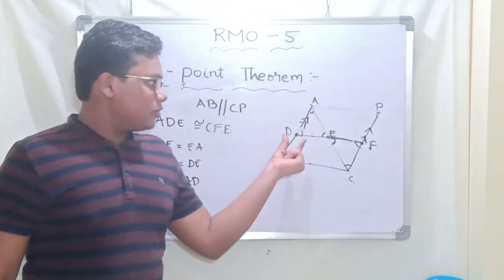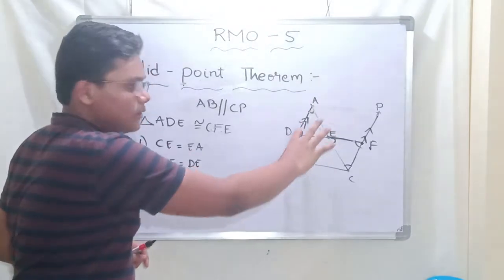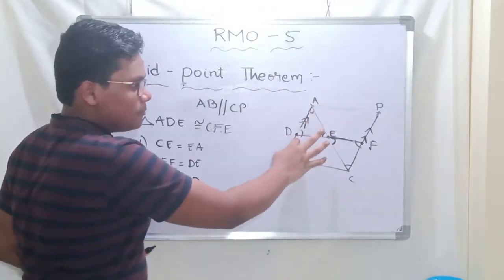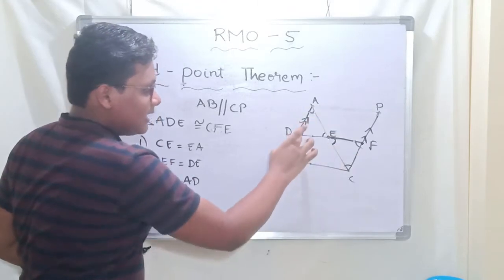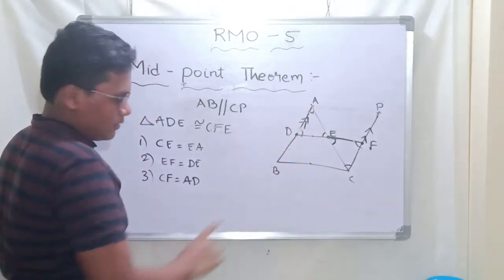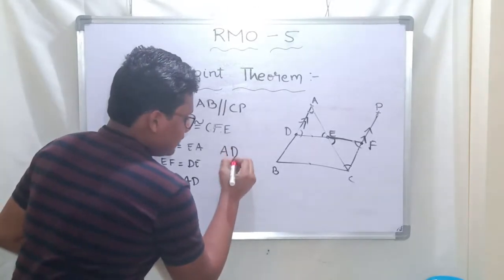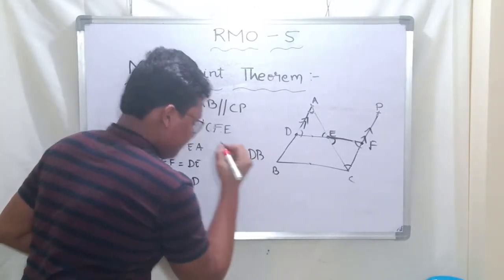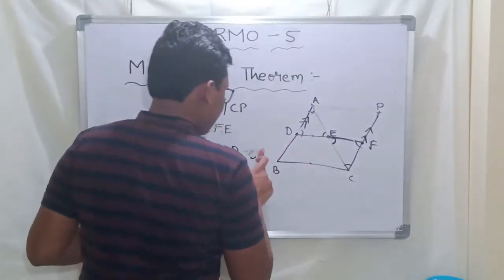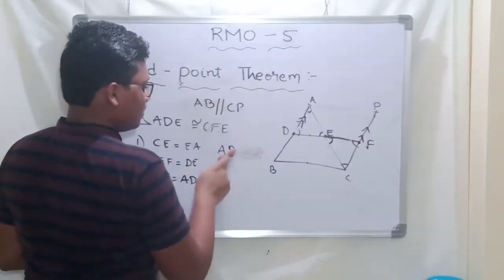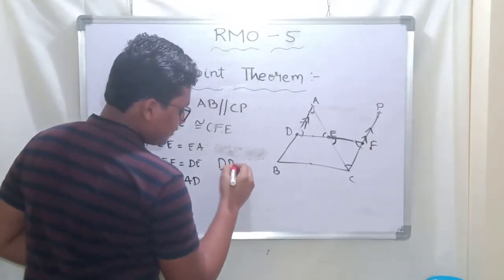D is the midpoint of AB, which means AD is equal to DB. So DB is equal to AD.